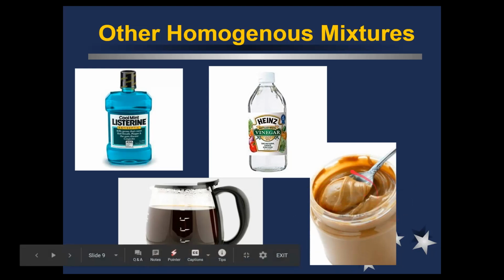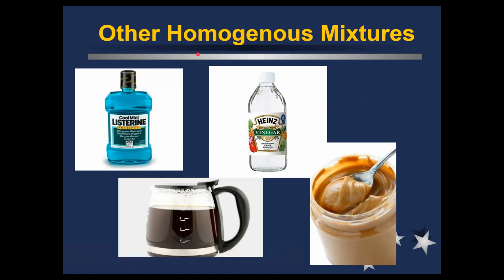If the manufacturer mixed it correctly and mixed it all up really well, they should all be the same scoops. So that's what we mean by homogeneous mixture. Everything is the same throughout the entire mixture. There's not any extra compounds in one area of the mixture versus the other. They're all equal and even throughout.